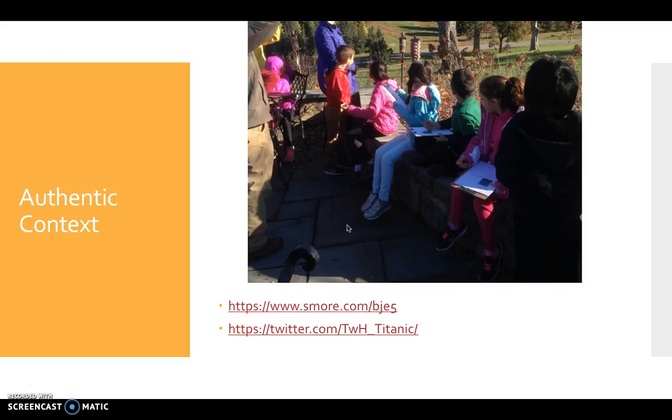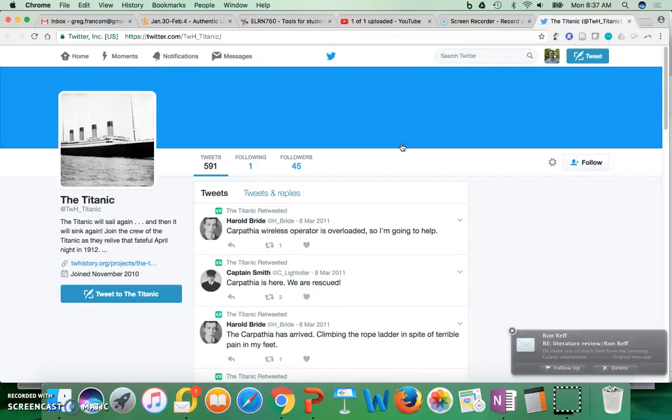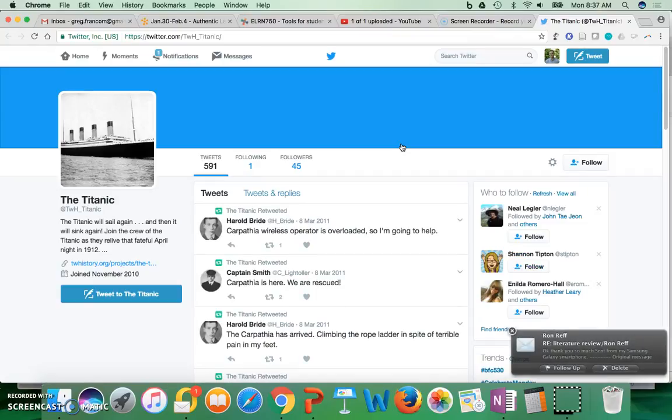Students are actually going out in the field and learning about the various items and objects in the real world that they are learning about. So that is an authentic context. As another example, let me pull up a student project that provides another authentic context, using technology in some interesting way.